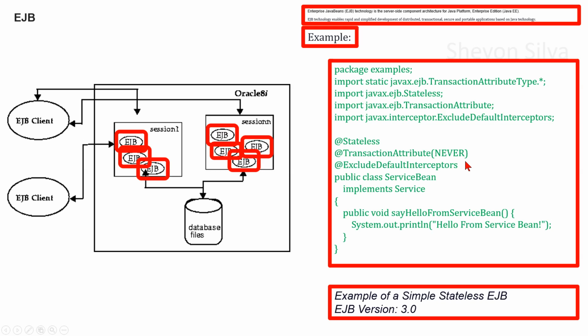The class-level @ExcludeDefaultInterceptors annotation specifies that the default interceptors, if any, defined in the ejb-jar.xml deployment descriptor file, should never be invoked for any method invocation of this particular EJB.